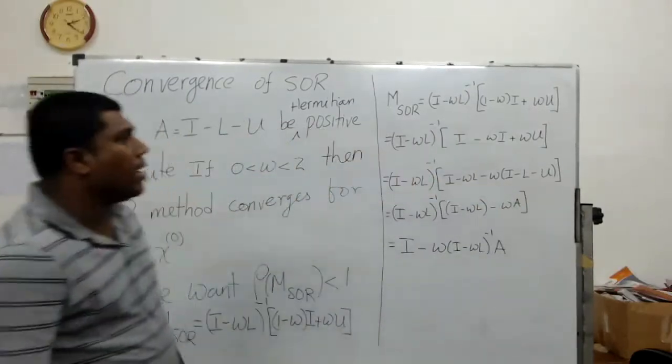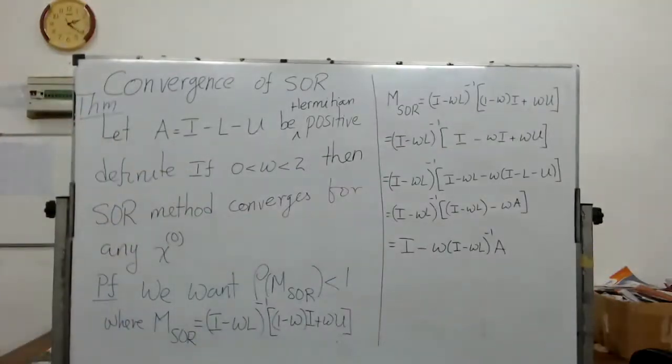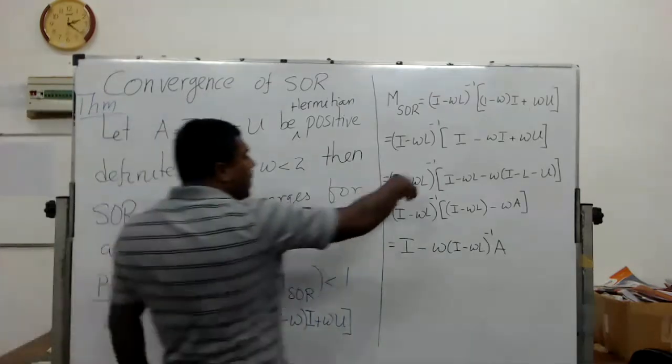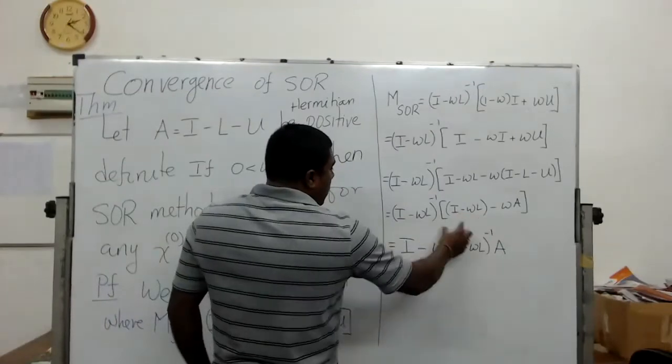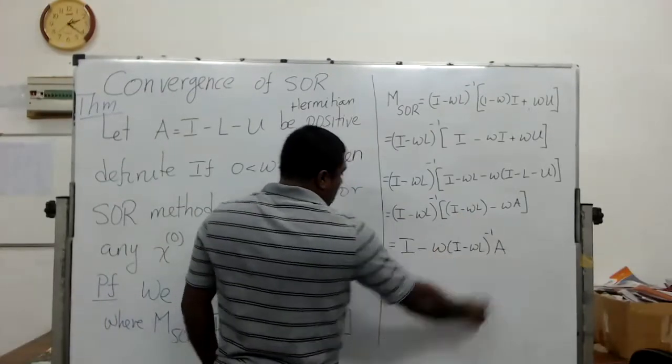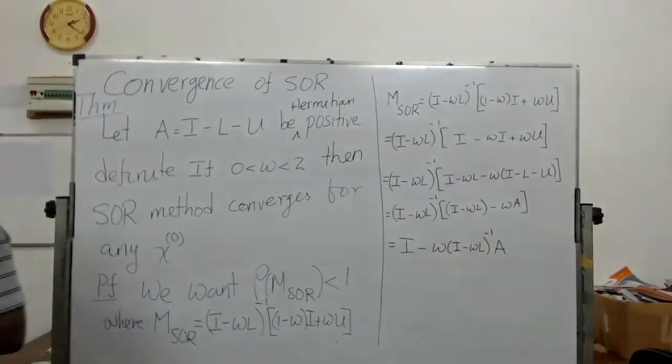So that is A, because you choose A as I minus L minus U. Then you multiply by the inverse of I minus omega L. So the inverse of this is identity times omega minus omega times this times A. So we write down the iterative matrix of the successive over relaxation method in a more simplified form, right?